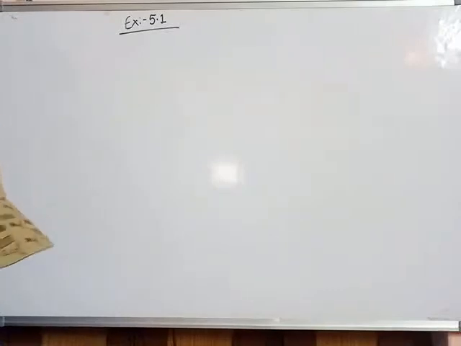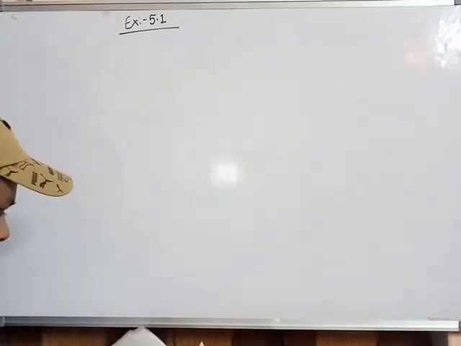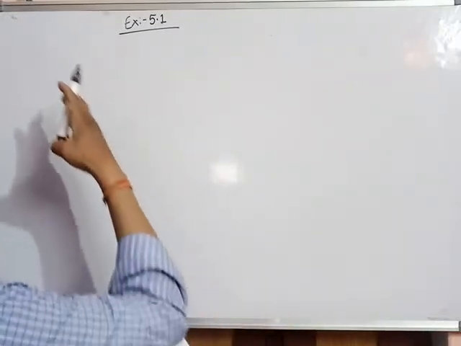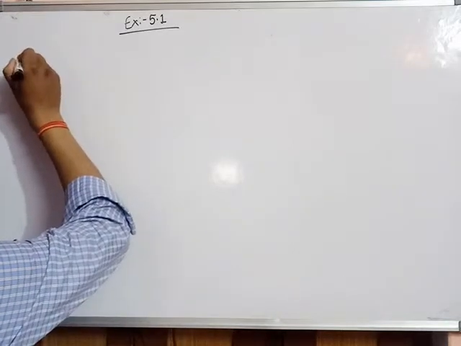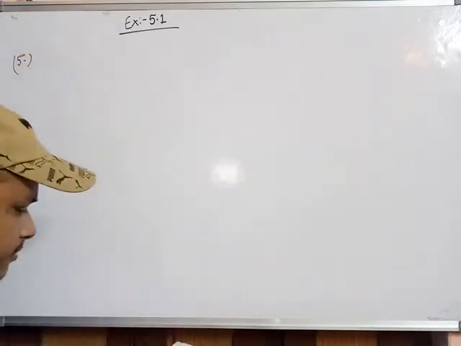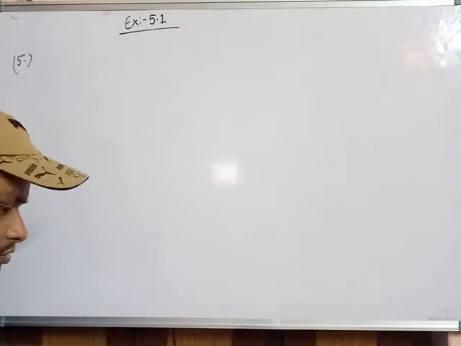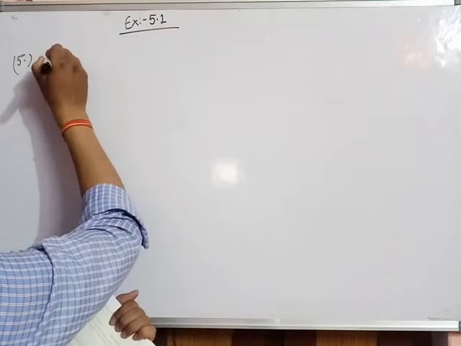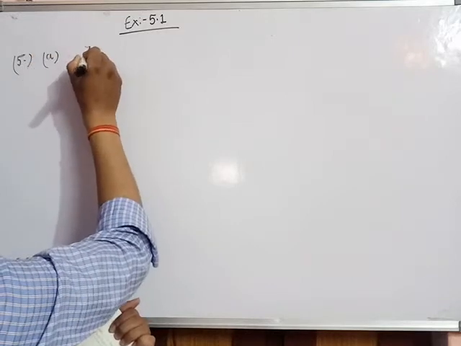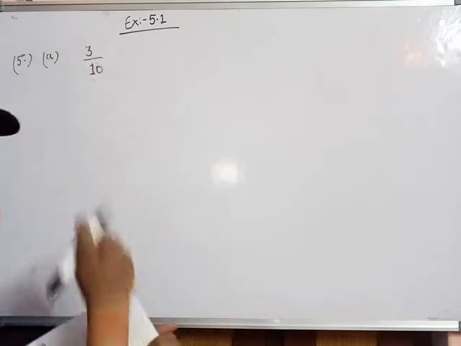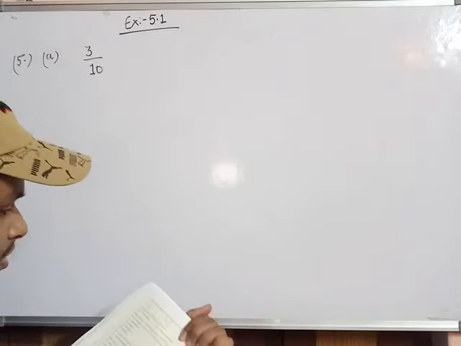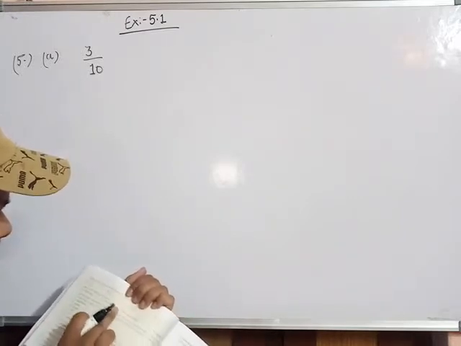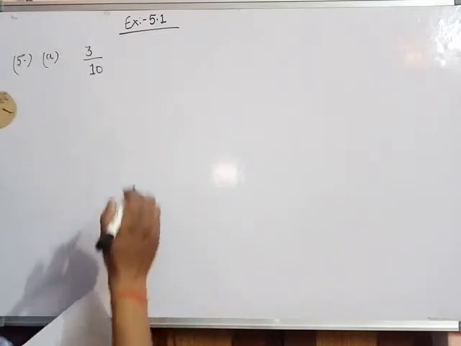Question number 5 is also a very easy question. In question number 5, a fraction is given, 3 upon 10, and you have to write the numerator and denominator.